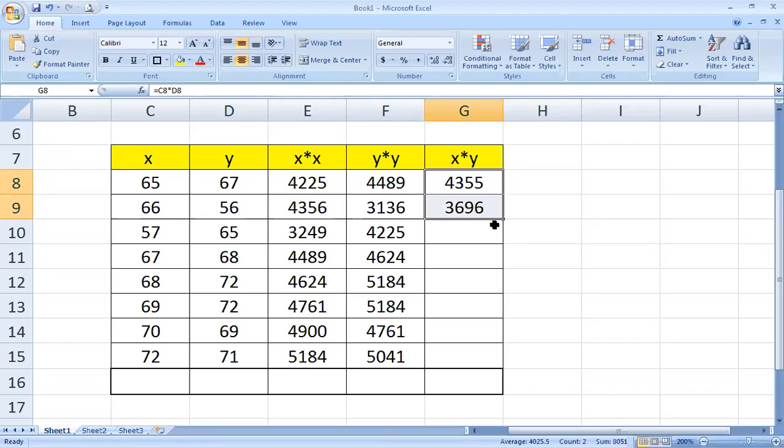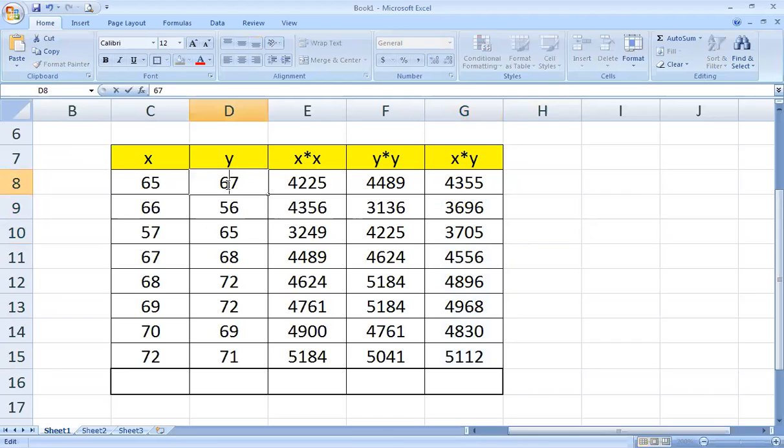Then 57 into 65, that is 3705. Just like that we have to multiply x into y, right? So we got all the values.